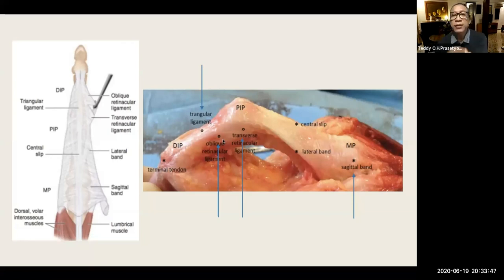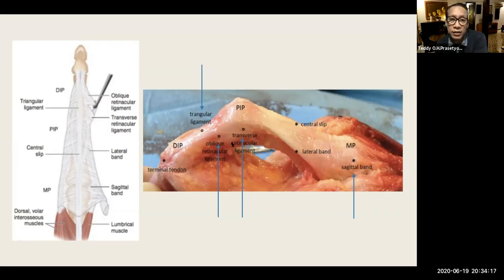Okay, the last one that I would like to show you here is the oblique retinacular ligament, which some people may not consider an important structure, but this oblique retinacular ligament, whose abbreviation is quite commonly ORL, connects the volar plate here at the PIP level and the terminal tendon here.